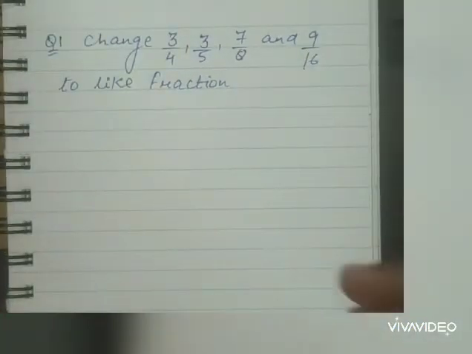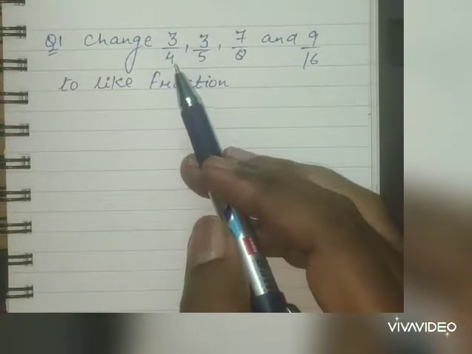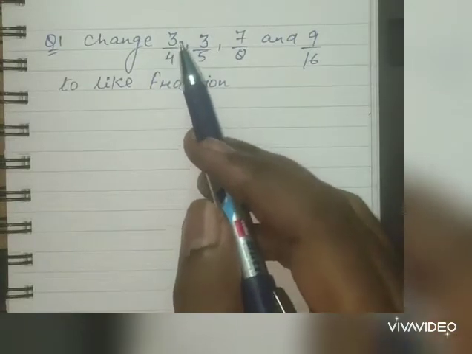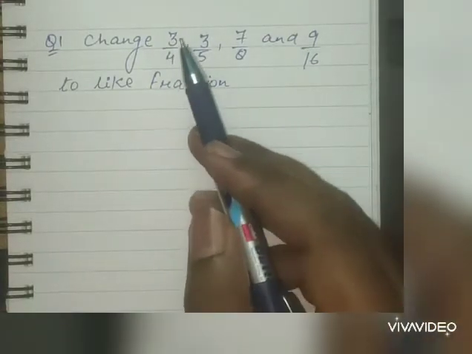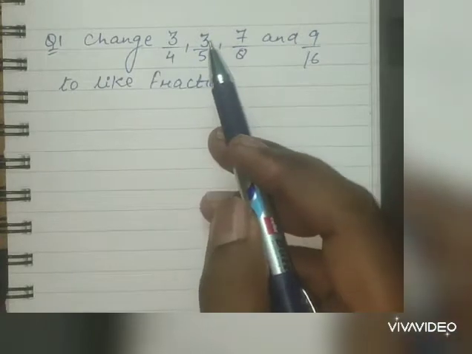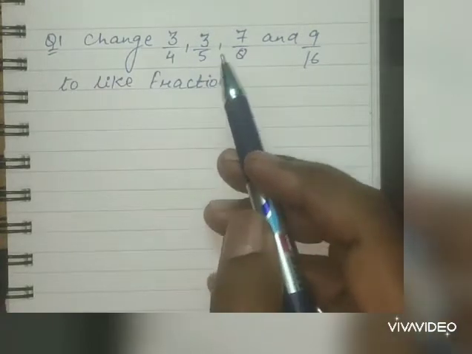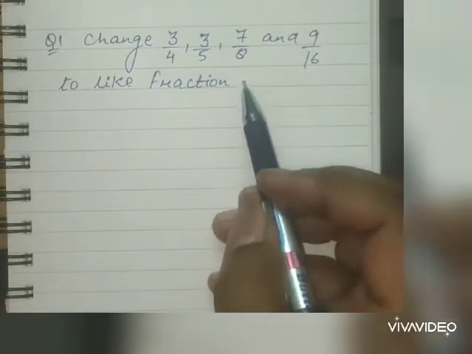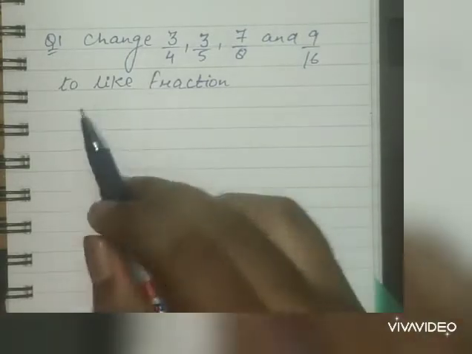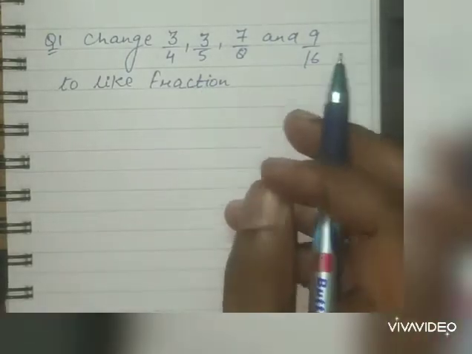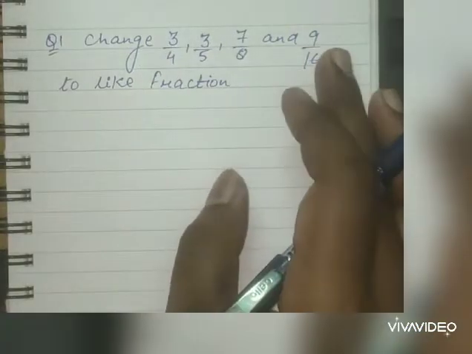So as you can see, the question is asking that you have to change 3 upon 4, 3 upon 5, 7 upon 8 and 9 upon 16 into like fractions. So these are unlike fractions.